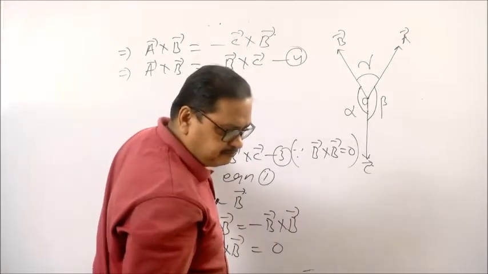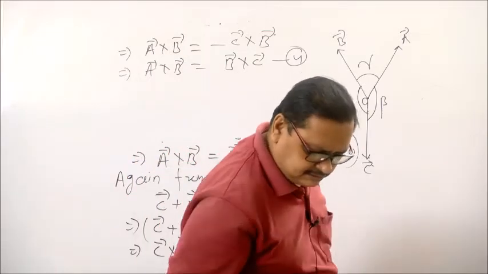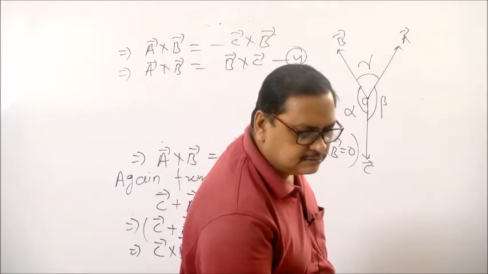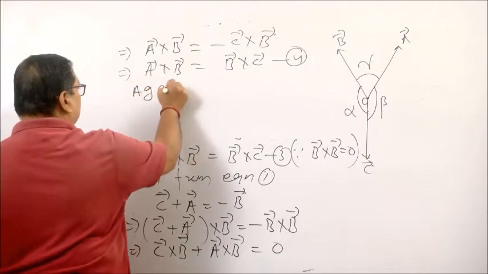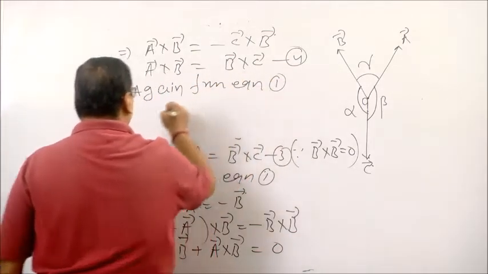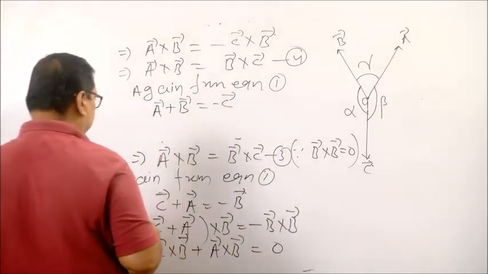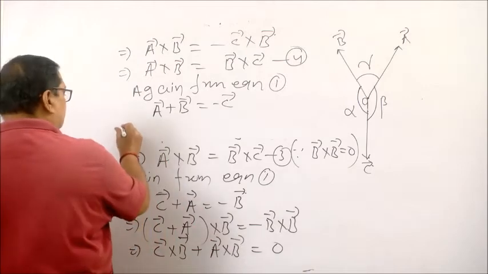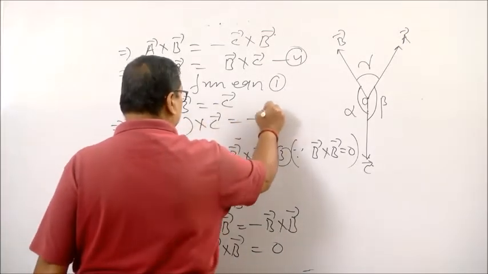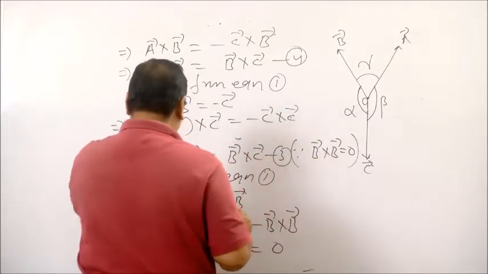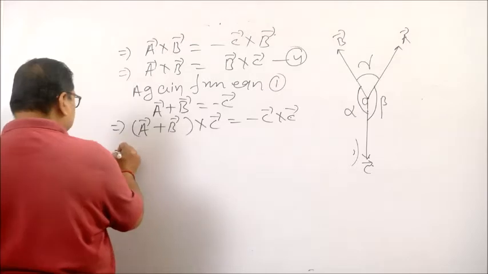Similarly, you can also prove that again from equation 1, A plus B equals minus C. Implied, A plus B cross vector C equals minus C cross C. C cross C, since they are equal vectors, their cross product is 0.